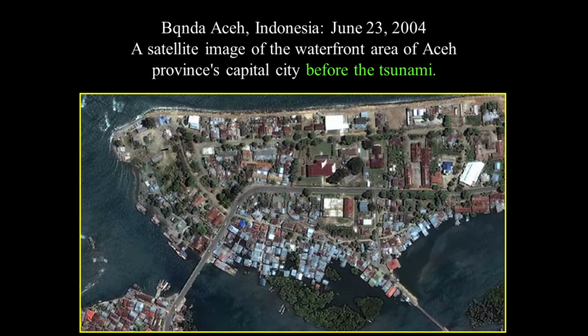To help you grasp what happened in Sumatra in 2004, let's look at photos of Banda Aceh a couple of months before the tsunami and the same region a couple of days after the tsunami. Here is a satellite image of the waterfront area of Banda Aceh province's capital city before the tsunami.